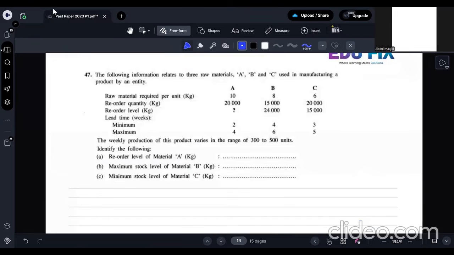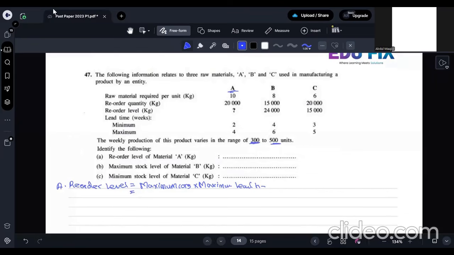Then moving on to the next part, 47. Reorder level of material A. So reorder level equals maximum consumption into maximum lead time. Maximum consumption will be, now see, the weekly production varies from 300 to 500 units.